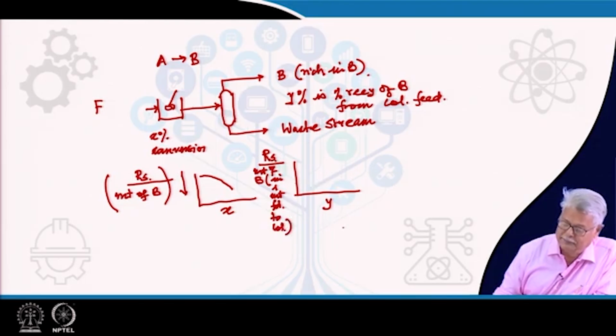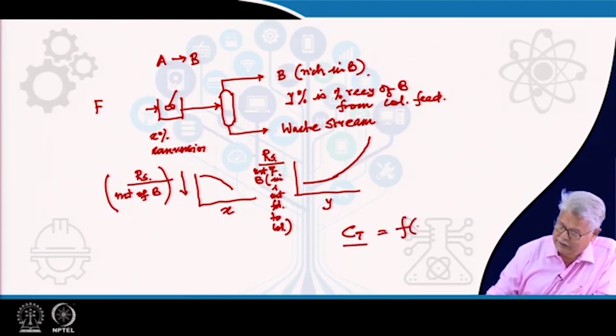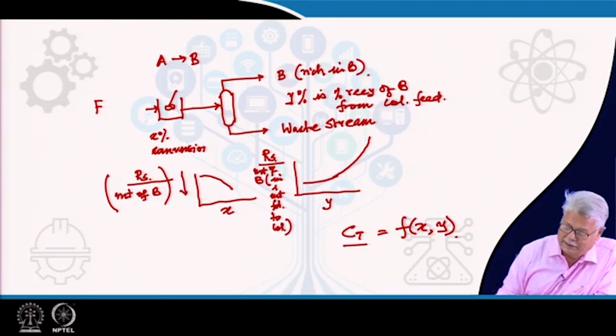That means, basically it is related to the feed and the feed concentration. Then you will find that initially if you produce, it will keep on going up. That means, if you recover more and more, there will be a sharp increase in cost. So, what your final cost total is basically a function of X and Y. Ideally, you would like to operate here as low as possible practically.